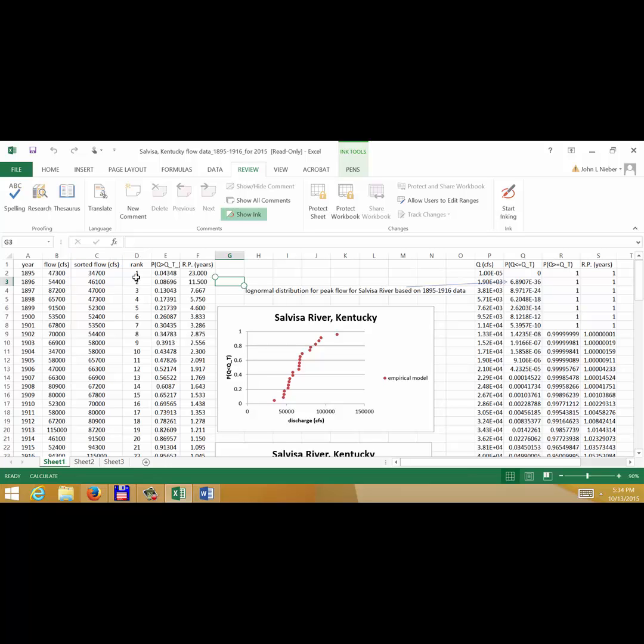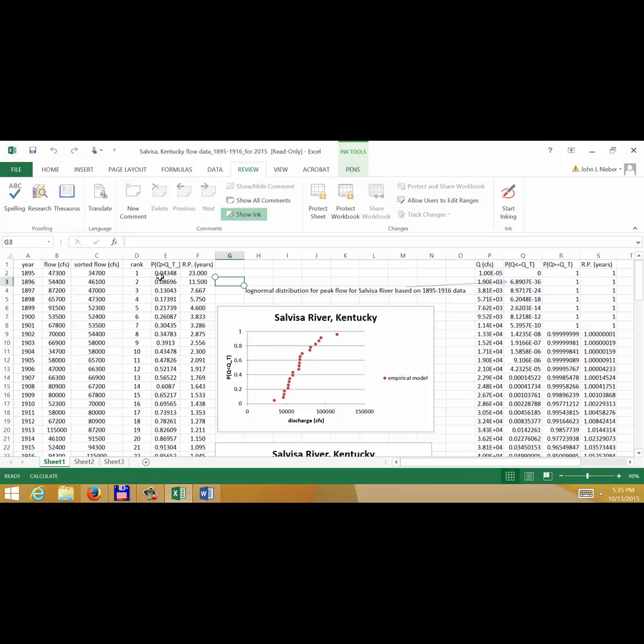Now if I take those values in column D and divide them by m plus 1, here m is equal to 22, so m plus 1 is 23. If I divide those by 23, these numbers in column E are those values, and those correspond to the probability that Q is greater than or equal to Q sub t, where Q is the discharge and Q sub t is the particular discharge associated with the ranking number.